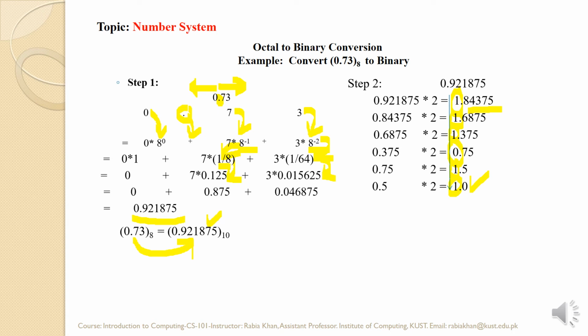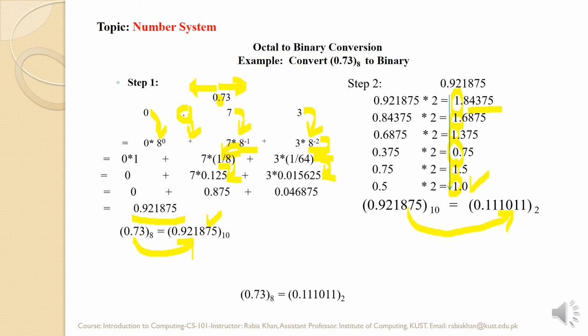So how do you write the answer? You write it in a top-down manner. 0.921875 in base 10 is equal to, with the point staying at its place. Here you can see the decimal point is at its place. We have not changed the decimal point, but the rest of the conversion goes from top to bottom: 1 1 1 0 1 1.